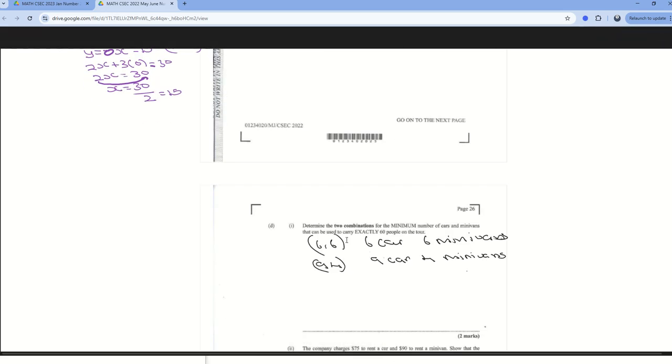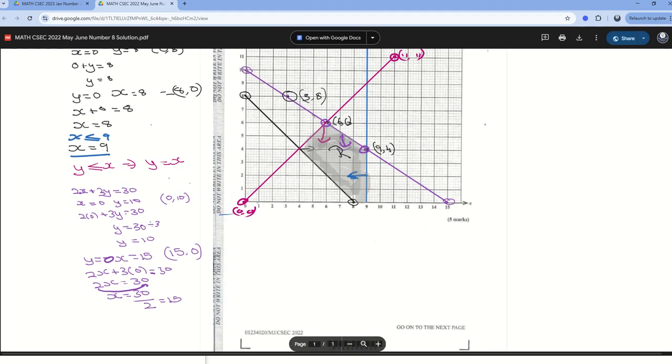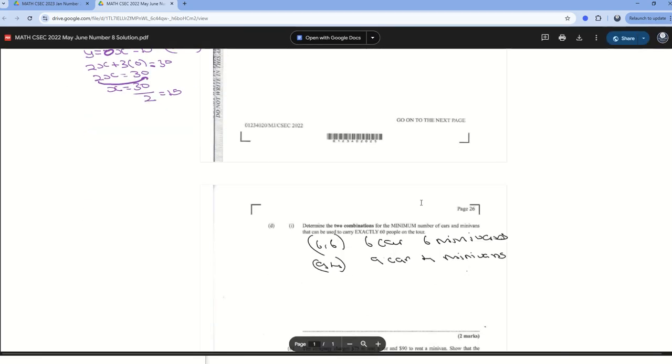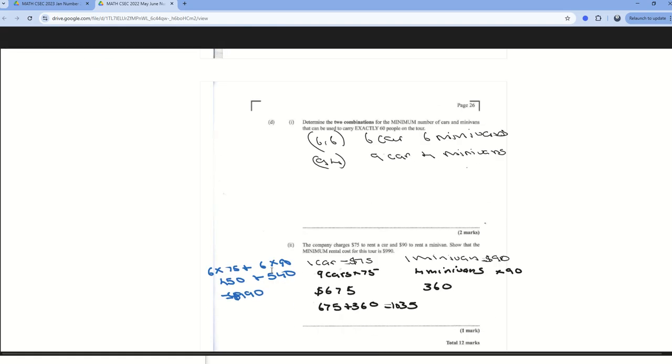Then the number that can be used to carry exactly 60 people. So we know that this line here, the pink line that I drew here, is the line at which you would carry 60 people. So your maximum would be the vertices that are at that line. The vertices are at this region here and this region here, where it intersects at (6, 6) and (9, 4). So that obviously is either 6 cars and 6 minivans or 9 cars and 4 minivans. That is the combination, right?